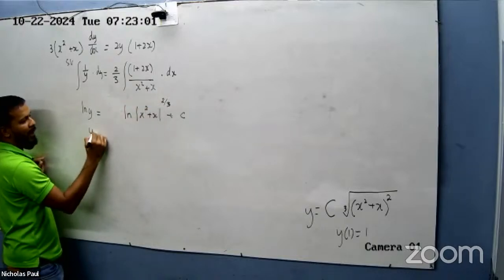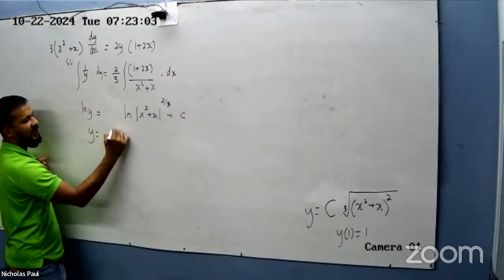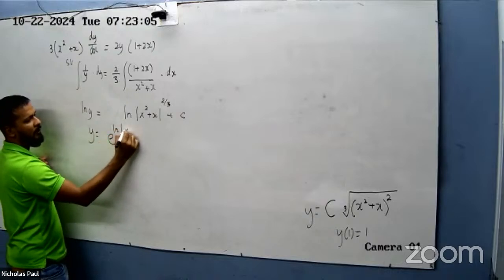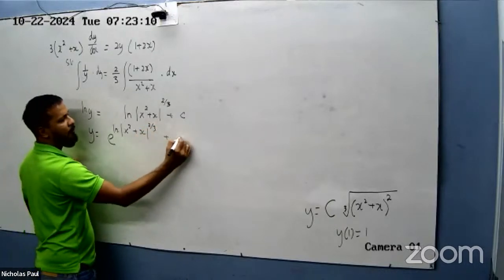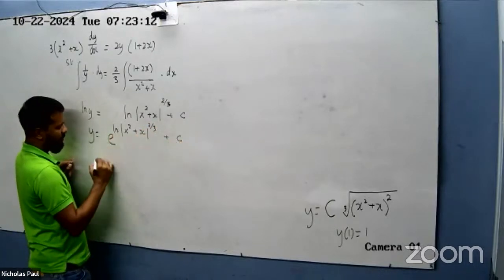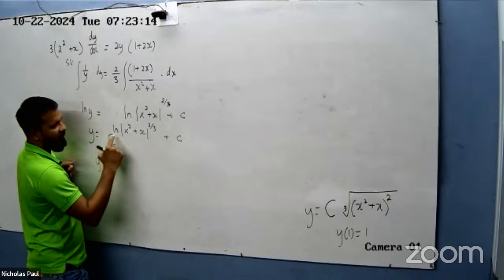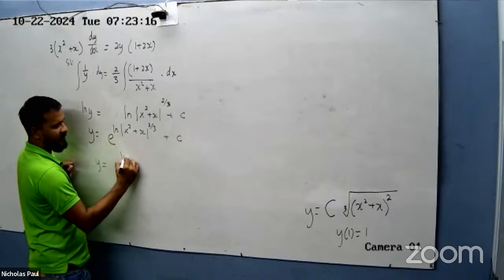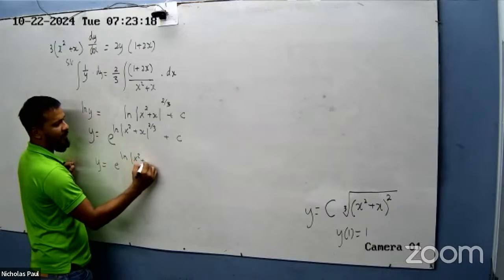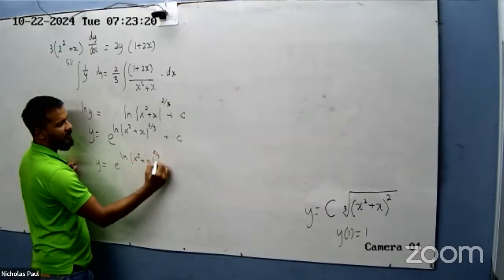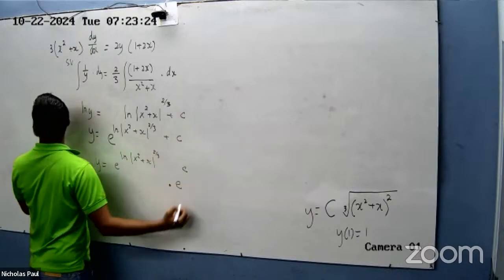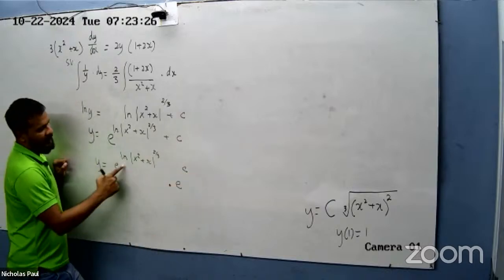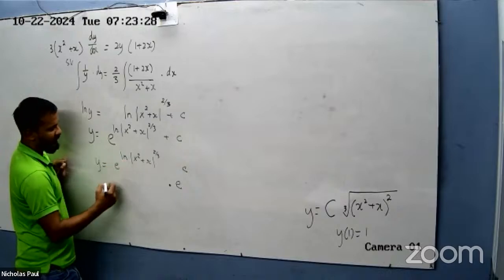Now I want to make y the subject. That'll be e of ln x squared plus x to the power of 2/3 plus c. E of ln will cancel. All right, let me just write out that step. You'll get e to the ln of x squared plus x to the 2/3, multiplied because of the plus, by e to the power of c. Right, e of ln of this will cancel.